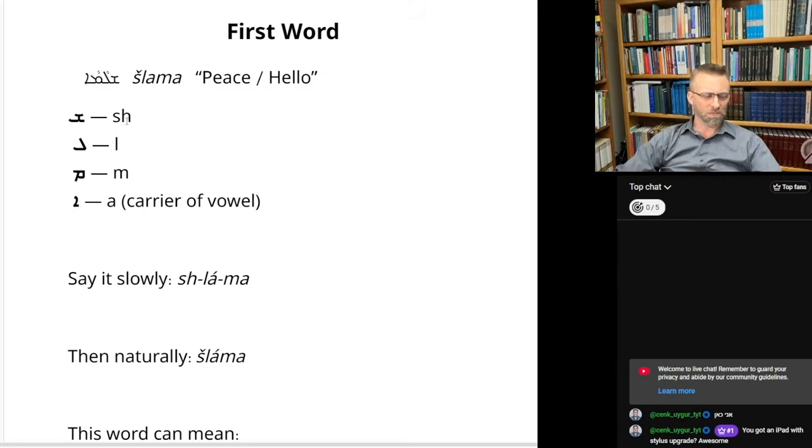You have to use your imagination a little, but you can kind of see how it might be related to the Hebrew or the Arabic, depending on how you've learned to write them. So sheen is the first one.